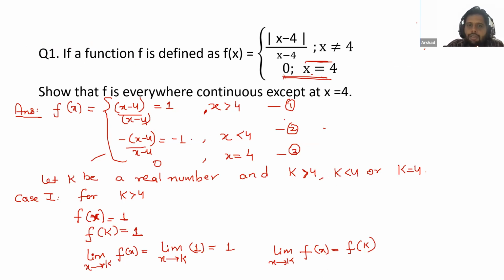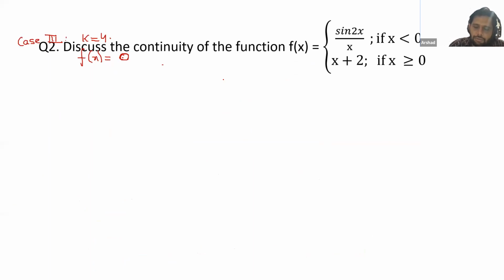Where there is a possibility that the function will not be continuous is at the given point x equal to 4, where there is a change in the function. That means at this reference point there is a possibility that the function will not be continuous. So we will use the same approach as we have done earlier.